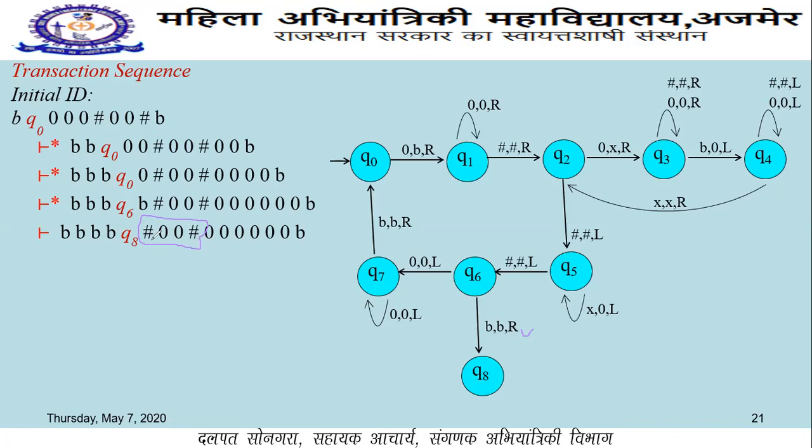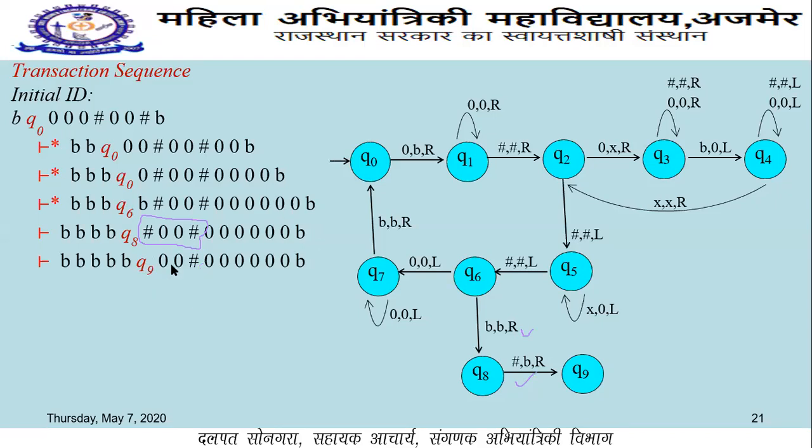For this hash we change the state, telling us that this zero needs to be replaced or overridden by blank. Therefore we change the state here and make a transition function like this. We apply this transition function at this transition sequence, and then we move to this sequence.